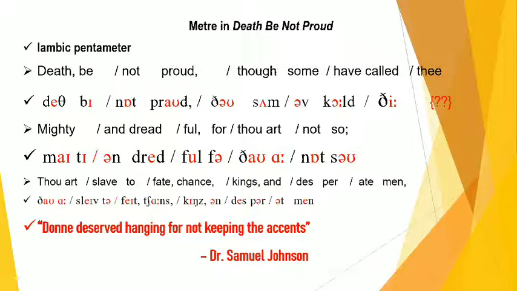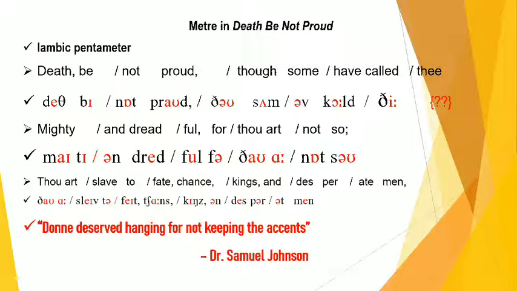Iambic pentameter is the most common meter used in poetry, because it is very close to common conversational rhythm. When we talk, we usually talk in iambic pentameter, consciously or unconsciously, though strictly we do not follow it. In poetry, small or bigger poems, there are many meters, but iambic pentameter is the most commonly used. What does it mean?